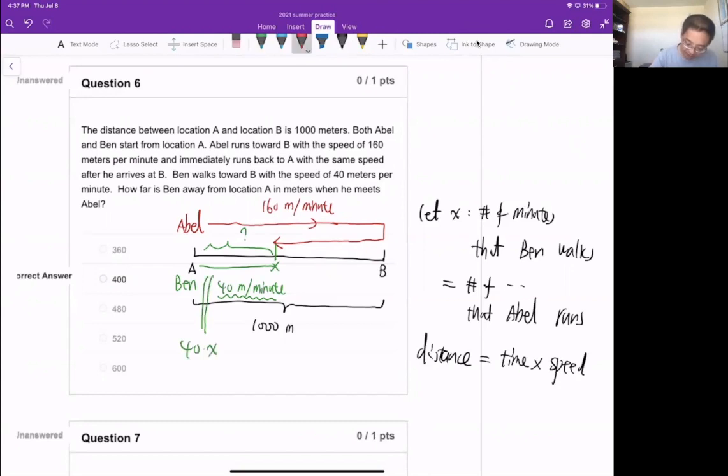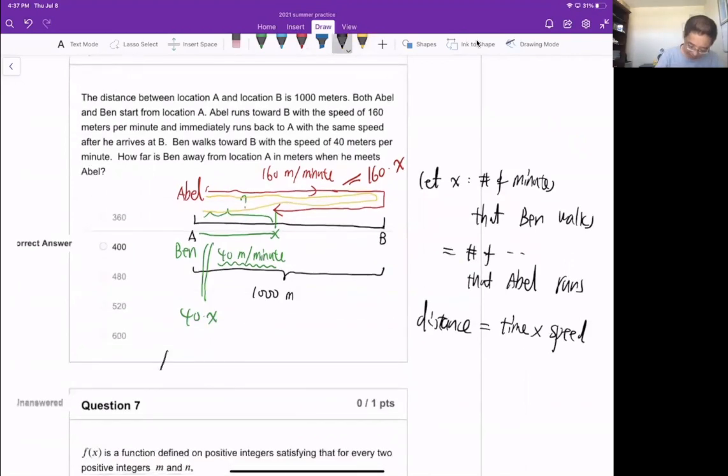And the red part, right? So the travel distance of Abel will be just 160 times x. Now, if we add these two things together, the part Abel runs and the part Ben walks, the total is exactly twice the distance, right?